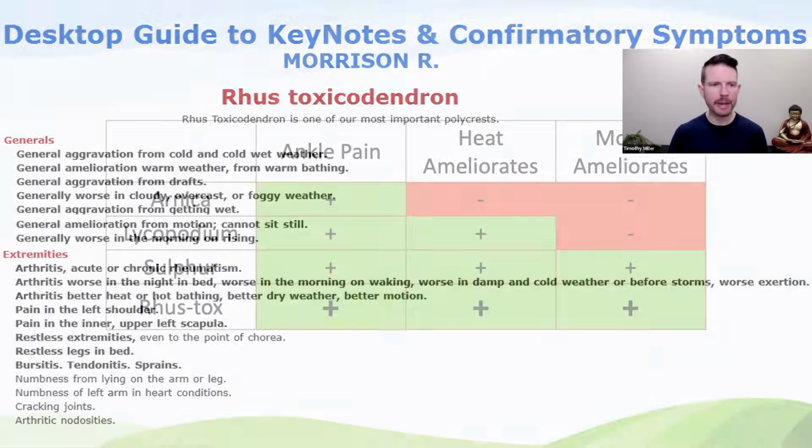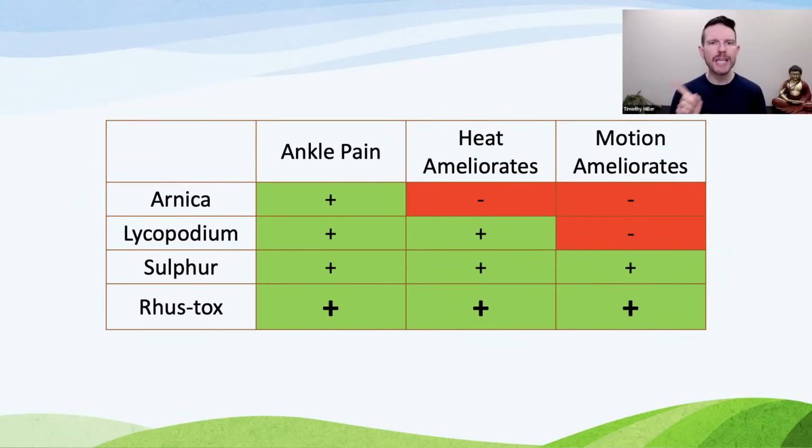Oh, and you know what? I'm gonna layer in here totality of symptoms, also known as the totality of rubrics. So when we look at this, we're not just looking at one symptom of ankle pain, we're looking at the totality of symptoms. How we choose the remedy is based on the totality of symptoms, the totality of rubrics, not just ankle pain, but how does ankle pain match with heat ameliorates?